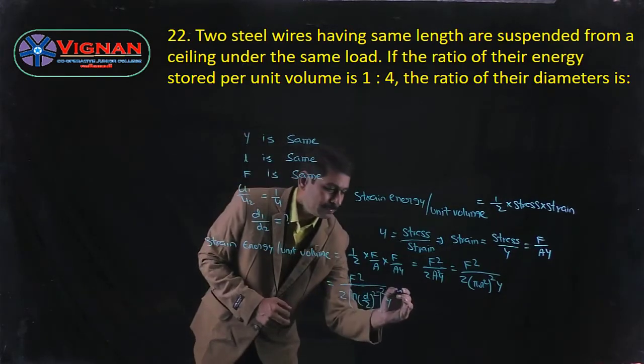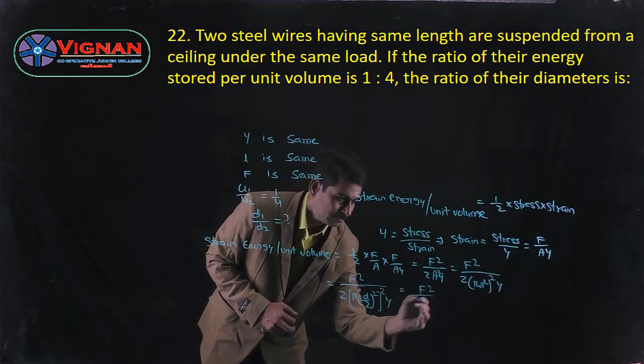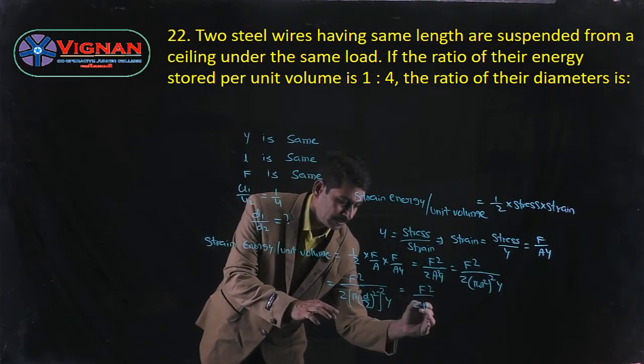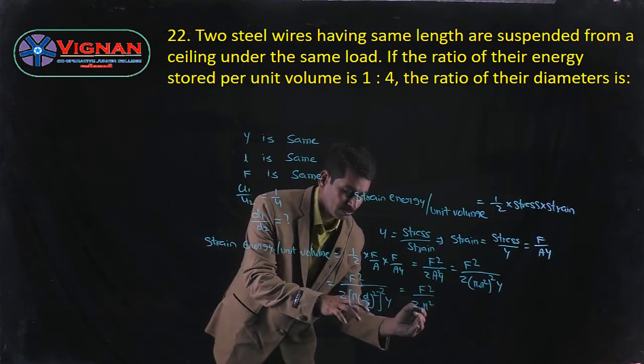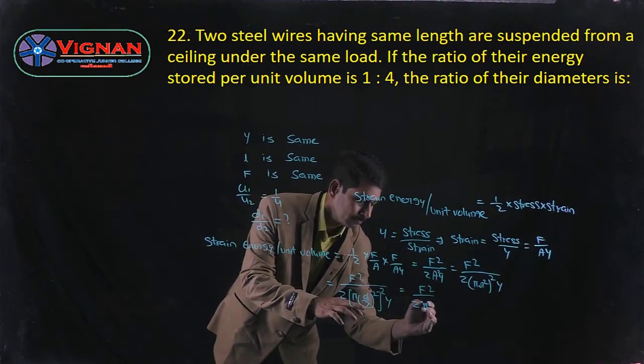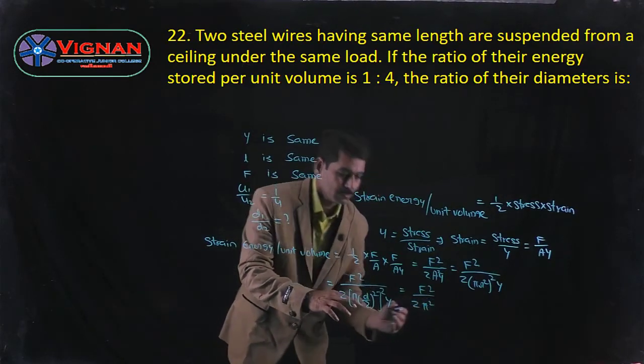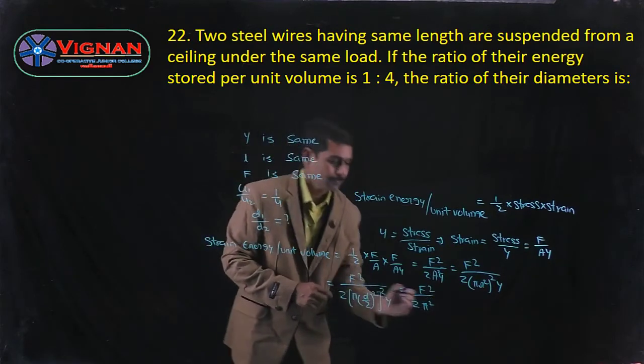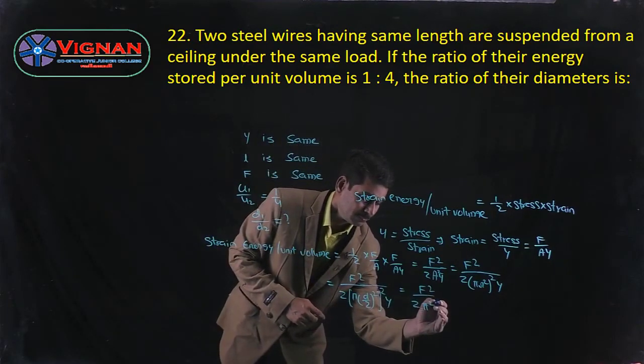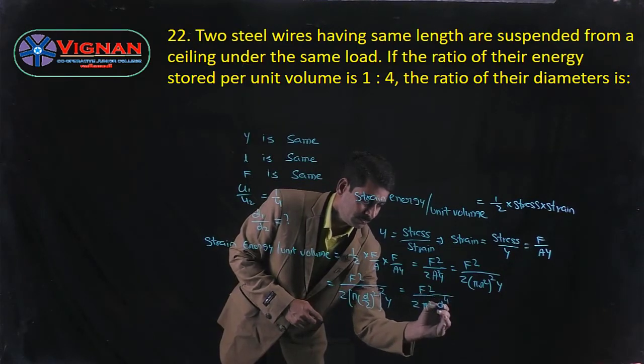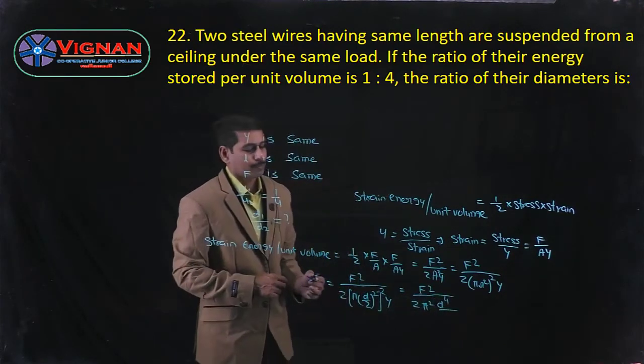This becomes F square by 2 pi square, D square by 4 whole square, which is D power 4 by 2 power 4 into Y.